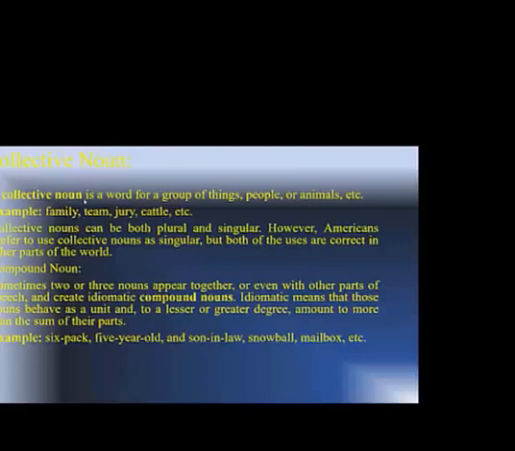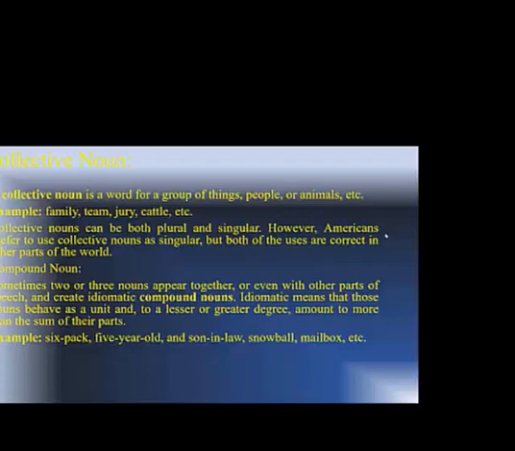Collective nouns. A collective noun is a word that means a group. It indicates that it is a group of people, animals, and so on. For example, team, army, family, jury, cattle. Collective nouns can be both plural and singular.